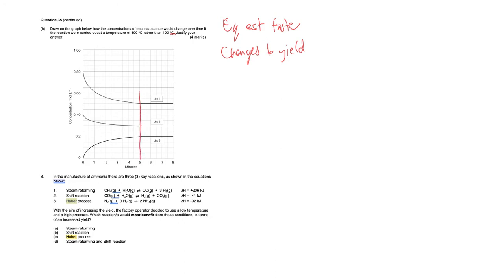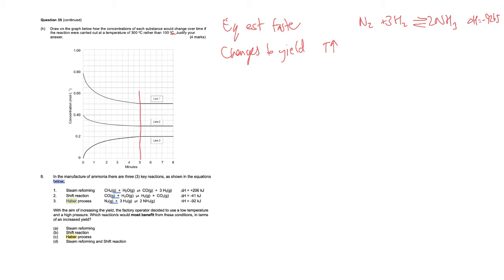Then if we increase the temperature for this reaction, remember it's N2 plus H2 goes to NH3, 2 here, 3 here, it's a delta H equal to -92, so it's an exothermic forward.